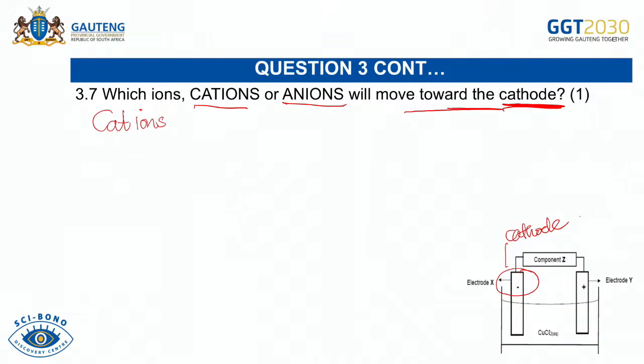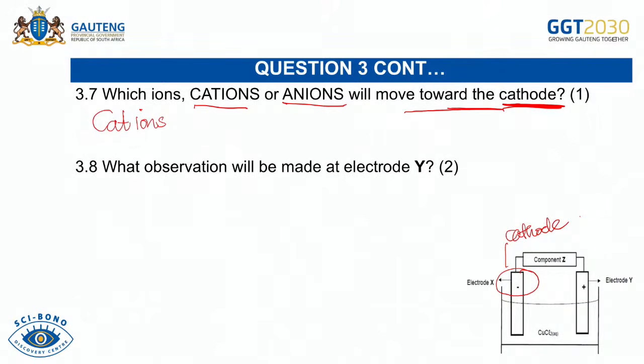And then 3.8, what observations will be made at electrode Y? What is it that we'll see at electrode Y? Electrode Y is a positively charged electrode, right? Meaning that it is connected to the positive terminal of the battery. So it will attract the anions, which in this case will be chlorine.